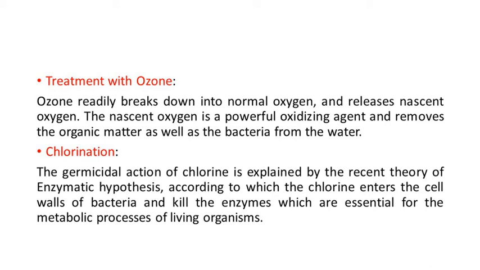All these terms related to the process of chlorination will be discussed. What are the advantages of breakpoint chlorination? What is meant by breakpoint of chlorination? What exactly happens after the addition of chlorine? And what are the different forms of chlorine available for disinfection: bleaching powder, chloramine, and chlorine gas.